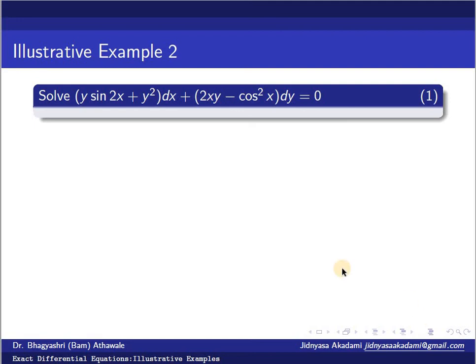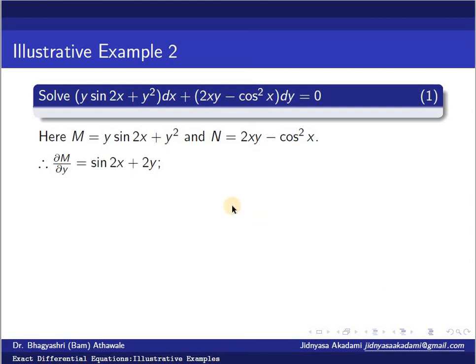This is my second example. Solve this differential equation. As usual, we first identify what is m and what is n. Del m by del y, with respect to y, is sin 2x plus 2y. Del n by del x, with respect to x, the derivative is 2y, and the derivative of cos square x is 2 cos x into the derivative of cos x, which is minus sin x.